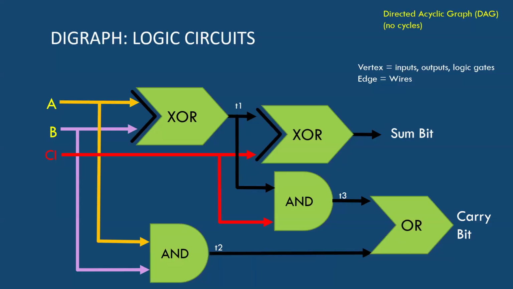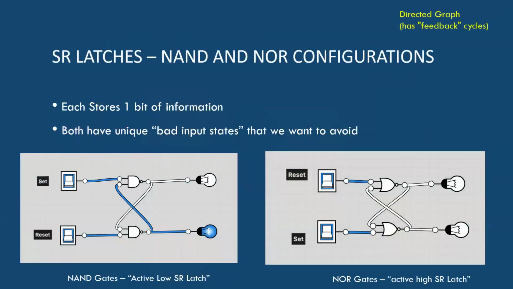The data always flows in one direction. That's an adder right there for folks who have done that kind of stuff before. And then there are circuits that have feedback loops. Our canonical latches or memory units actually have feedback loops, so this would be a cyclic graph if we were to model it that way.